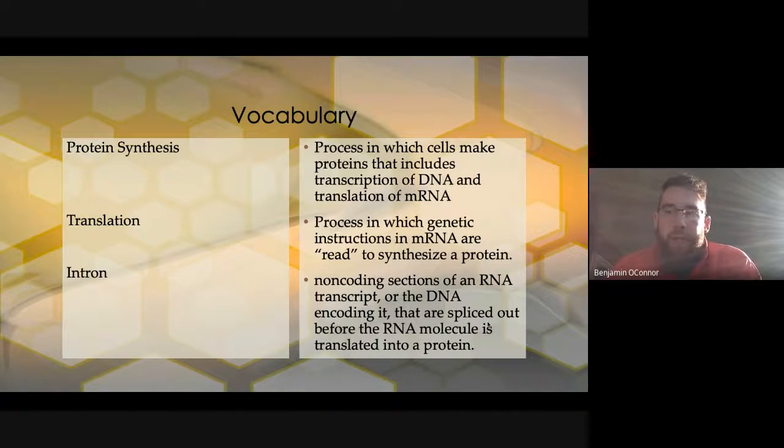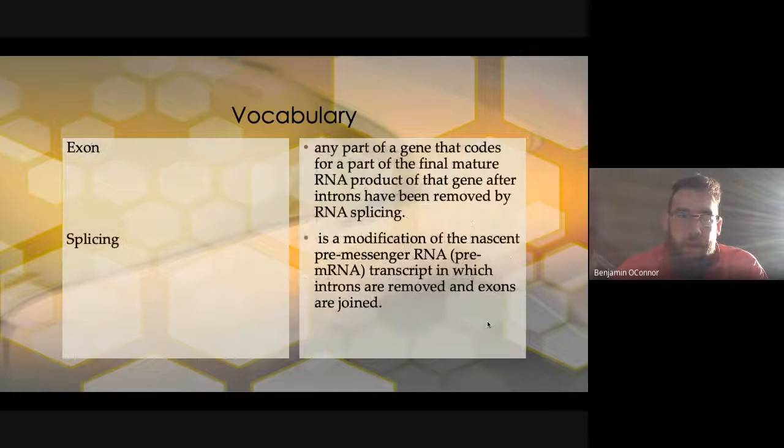When we're trying to make something derived from that DNA, we want to make sure all of that quote unquote junk DNA is cut out. Exons are the parts of the DNA that we want. And splicing is the process of cutting out those intron areas that have been reflected in the RNA complement.